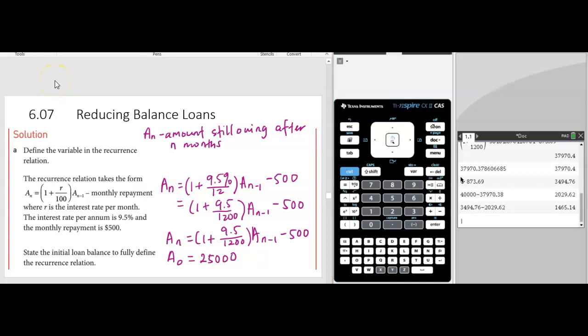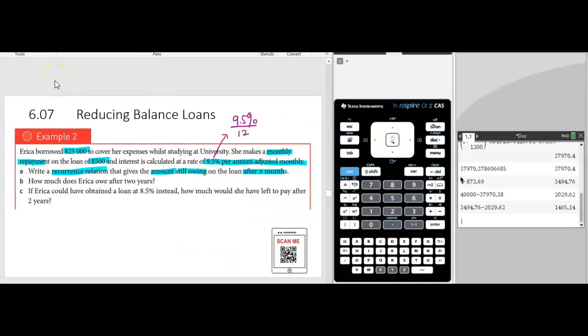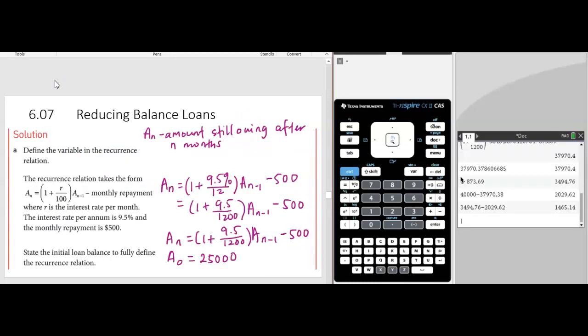Now let's look at section B. They ask how much Erica owed after 2 years. If you look at the recurrence relation, if you start with A_0, after 2 years is after how many months? It's after 24 months. So I'm going to use the CAS calculator to help me find the 24th term.